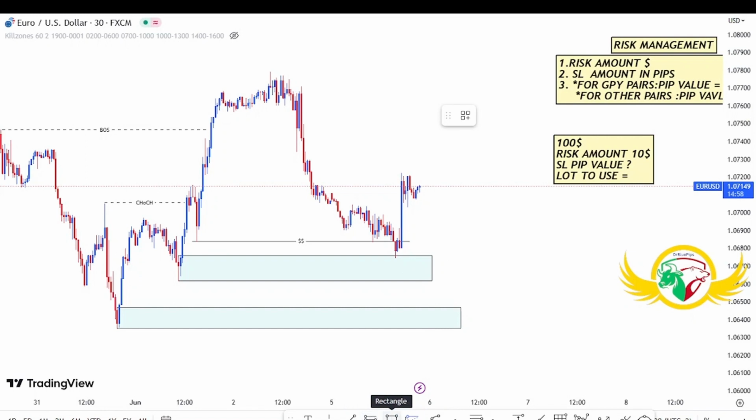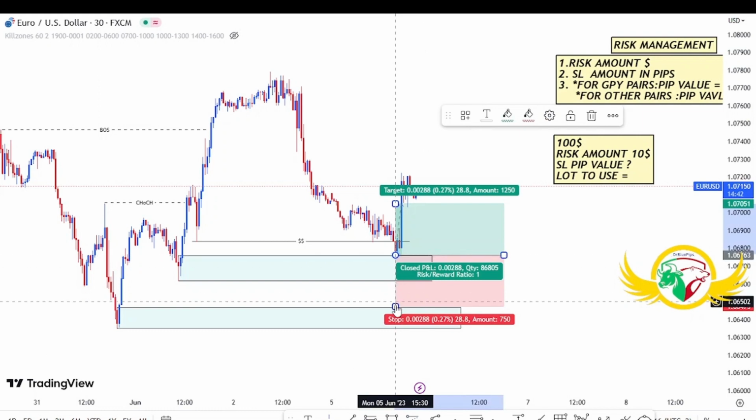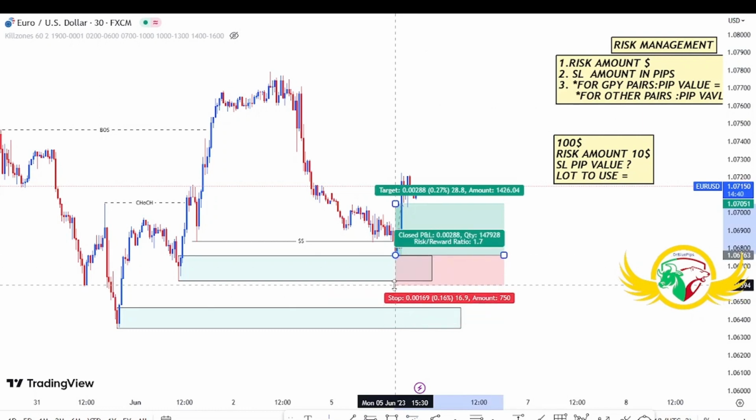If you don't know how to use TradingView, you should learn it. Do your research on YouTube and elsewhere. I think YouTube is better because they will show you step by step how you can use it. If you use this tool, it will show you how many pips you are going to risk.